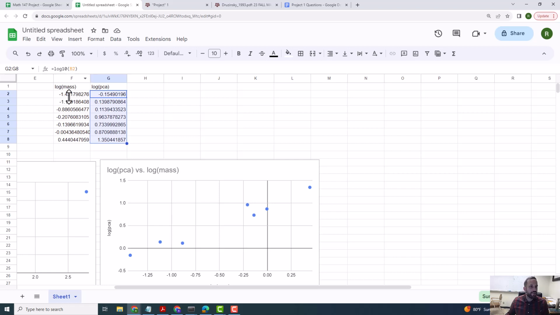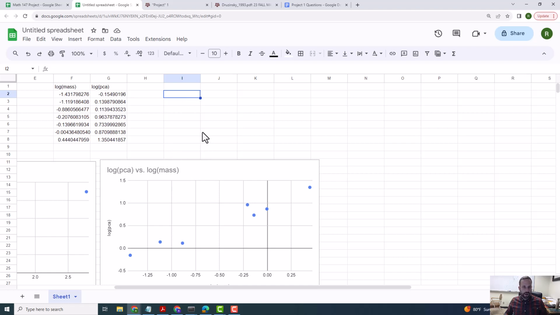Okay, and so there's a linear relationship between these two. And what I want to do is find the line that best represents these data. They obviously don't lie exactly on a line, but I want to find the line that best fits them. And to do that, we're going to use Google Sheets, same thing as Excel, I believe. I think it's the same function.